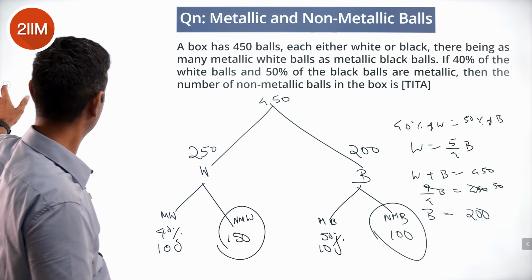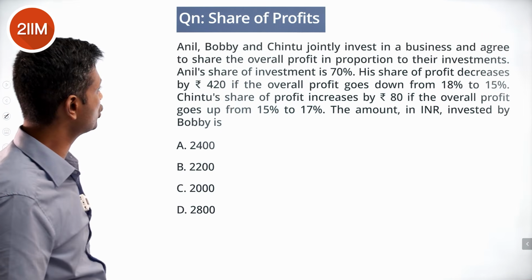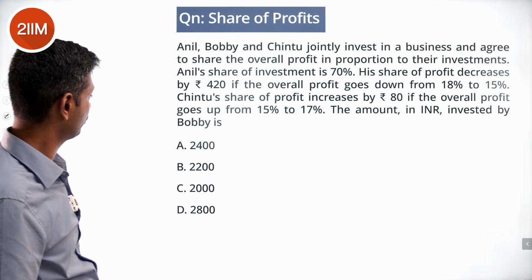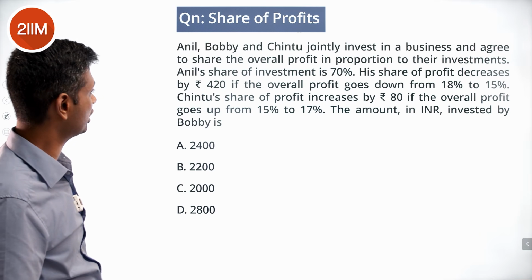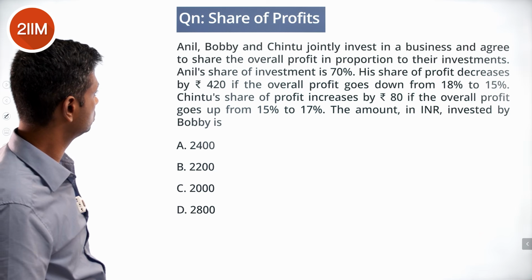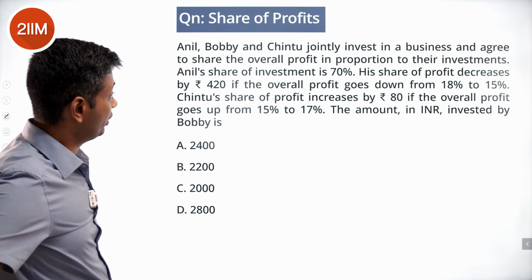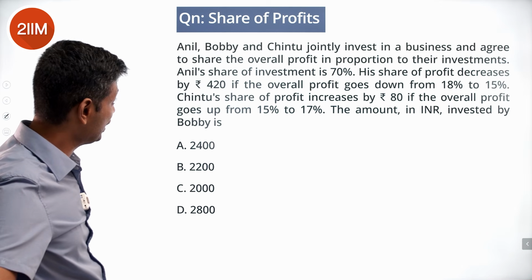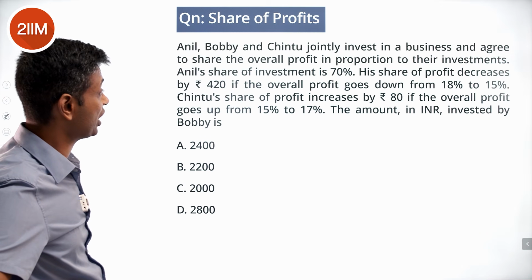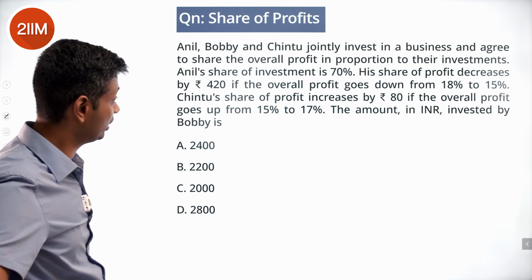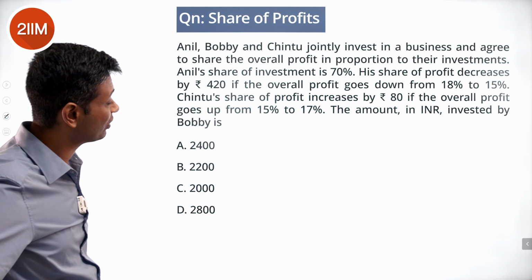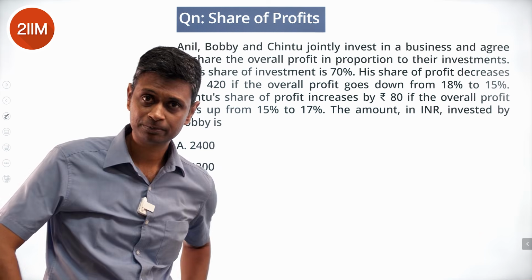Nice simple question. Anil, Bobby and Chintu jointly invest in a business and agree to share the overall profit in proportion to their investments. Anil's share of investment is 70%. His share of profit decreases by 420. The overall profit goes down from 18% to 15%.